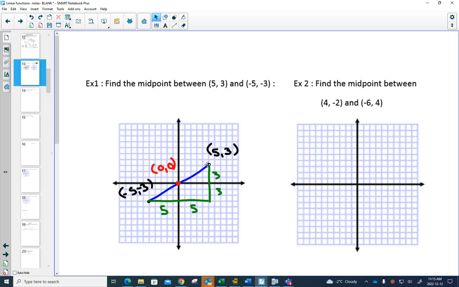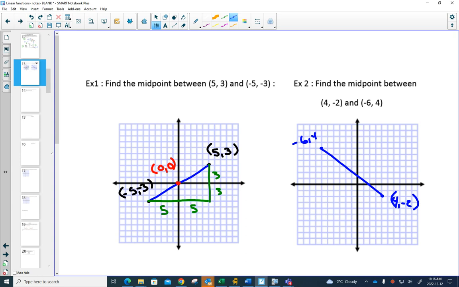Should we do that on the next one? No? Okay. I didn't think you'd want to. All right, (4, -2). So this one, (4, -2) would be right there. (-6, 4). If you join those together, not quite as easy to see the middle.